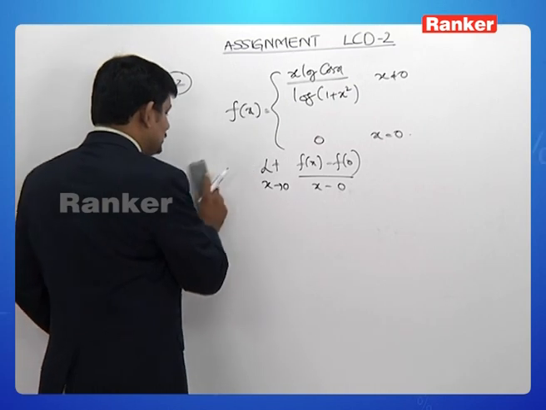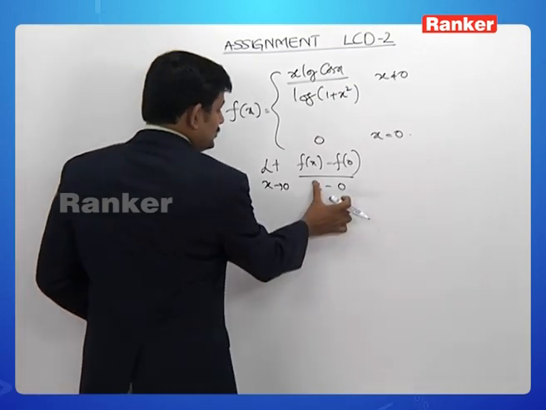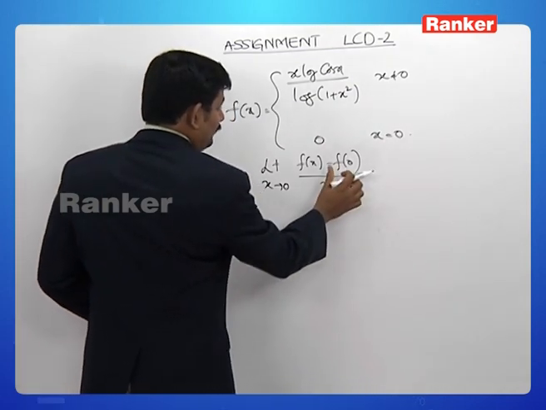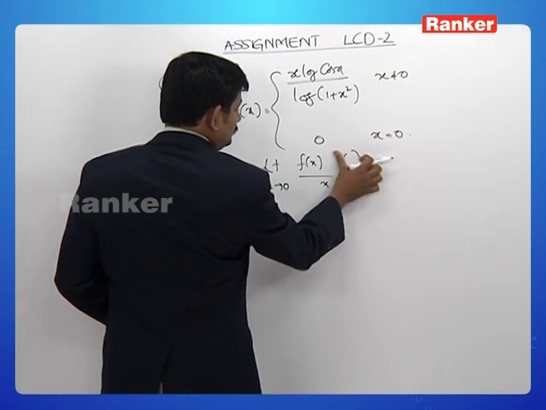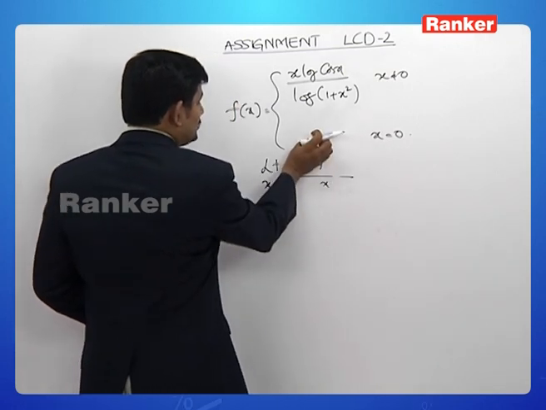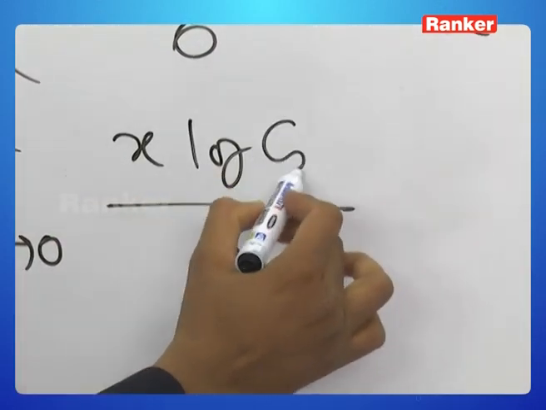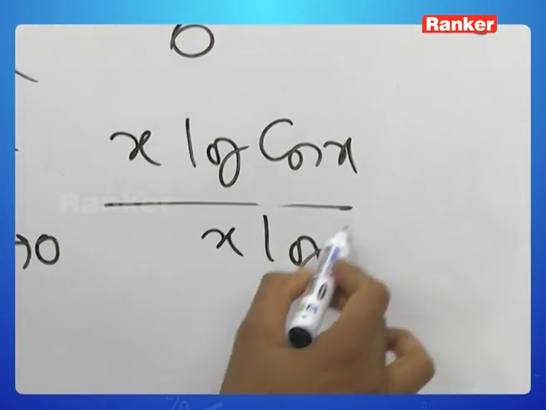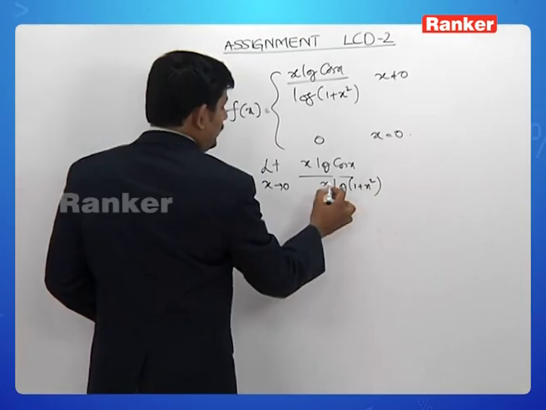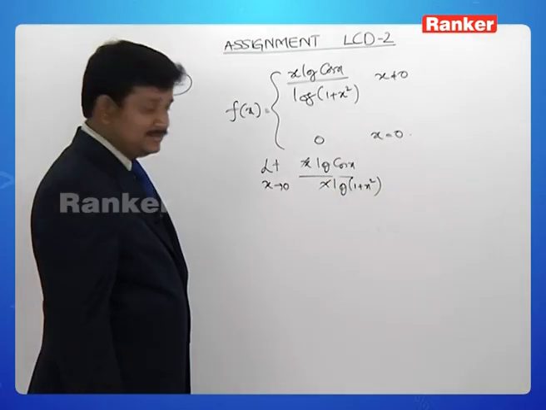So, let us focus on this limit. x minus 0 is x, f of 0 is 0, f of x when x is not equal to 0 is x log cos x by log of 1 plus x square. x and x get cancelled.